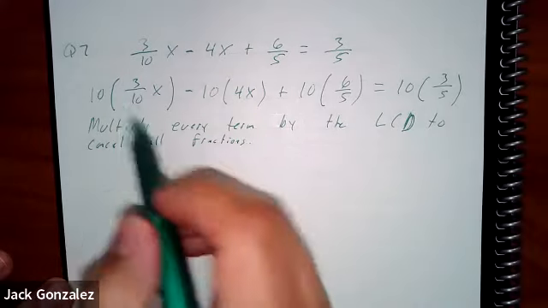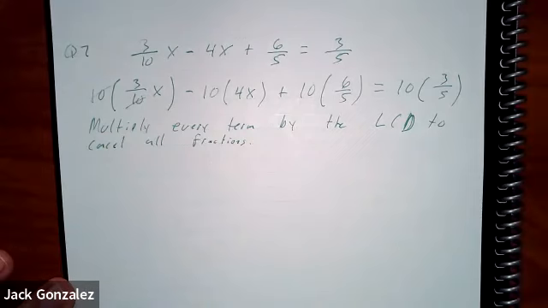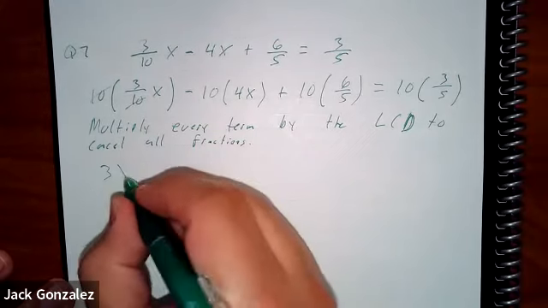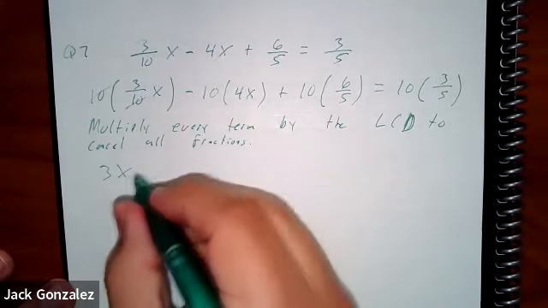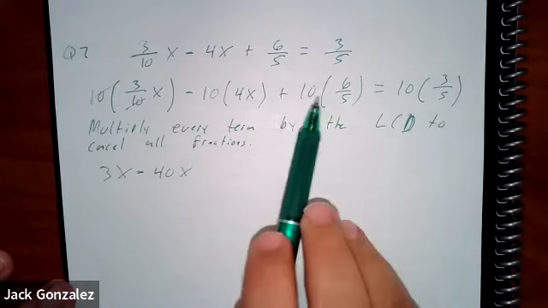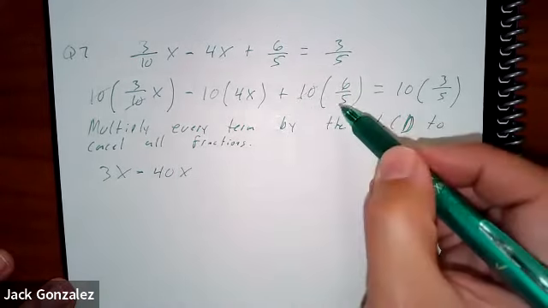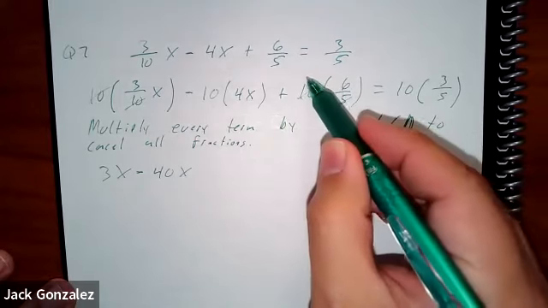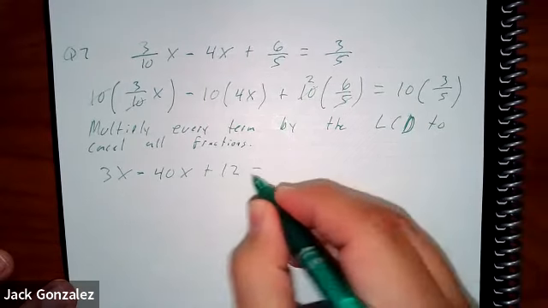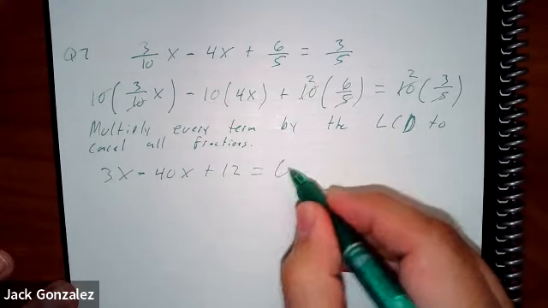All right, so these cancel. Do you agree that these 10s are gone? Yes. That'll be 3x. 10 times 4 is 40. These will reduce. You can reduce now or you can multiply and then reduce. This will become a 2. 2 times 6 is 12. Again, reduce. 2 times 3 is 6.